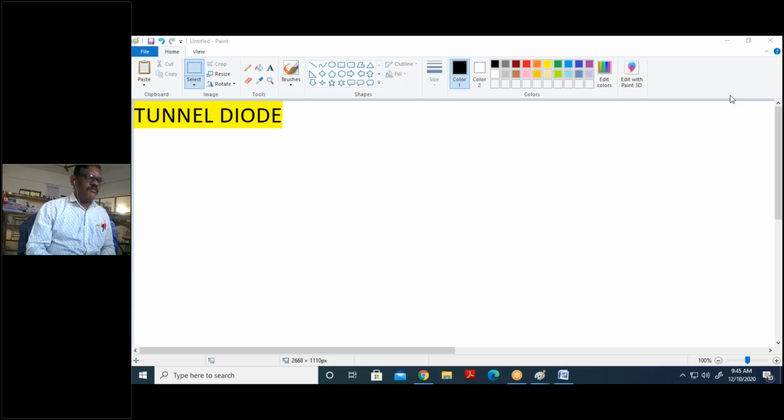Example, everyone knows every material has 3 layers: valency band, empty energy gap, and conduction band. Here, tunnel diode characteristics.